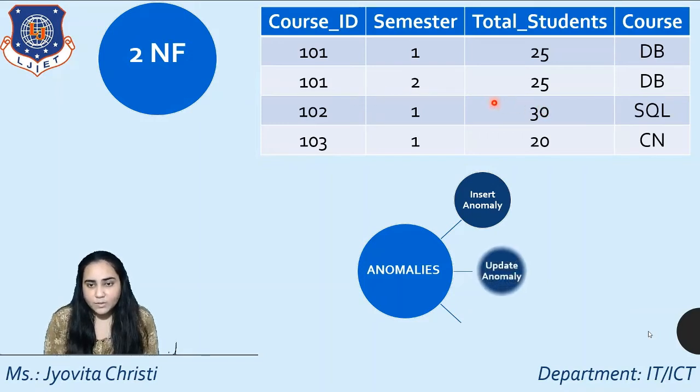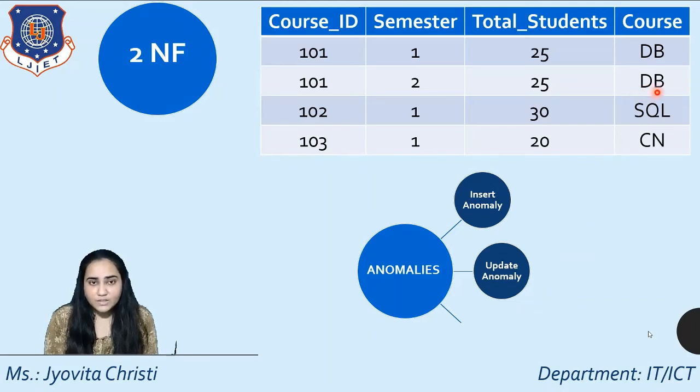The second anomaly is the update anomaly. So imagine that I want to change the name of a course from DB to DBMS because I find that more appropriate. So I want to change the name. So what would I be doing? Here there is only DB. And if I want to make it DBMS, then I have to make that change twice.